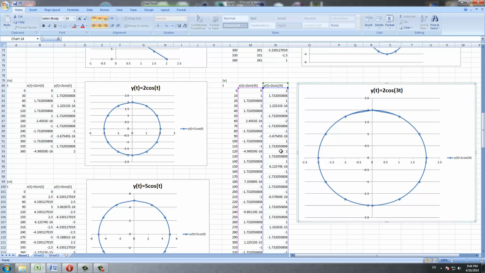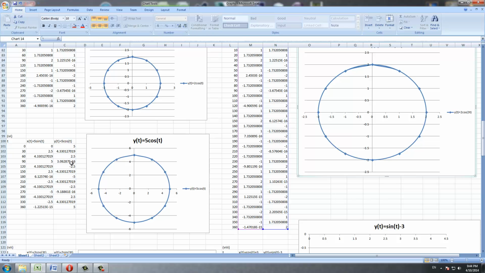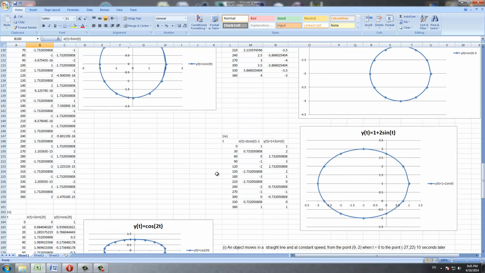I should explain how I control the radius of the circle. I control the radius by whatever I multiply sine and cosine by. They have to be the same, because as I mentioned before, if one is smaller and the second is bigger, it will create an ellipse, and I have an example of an ellipse down here.